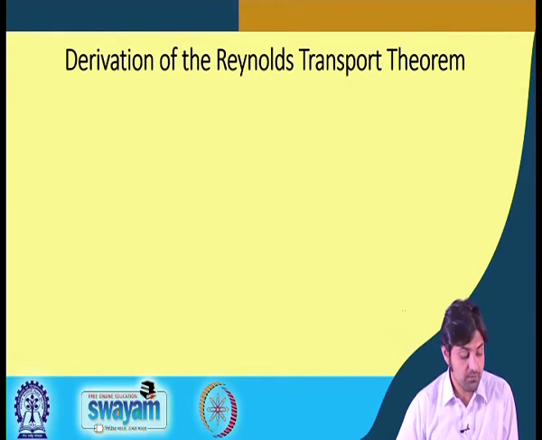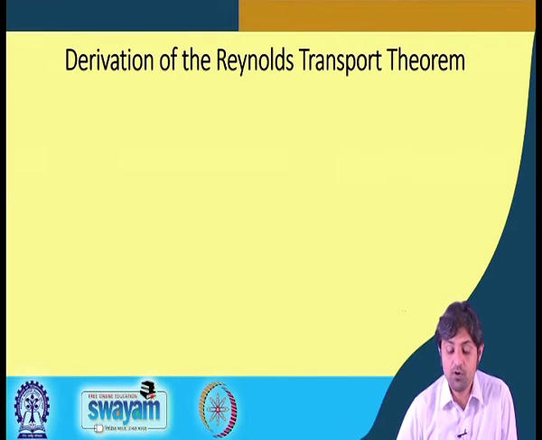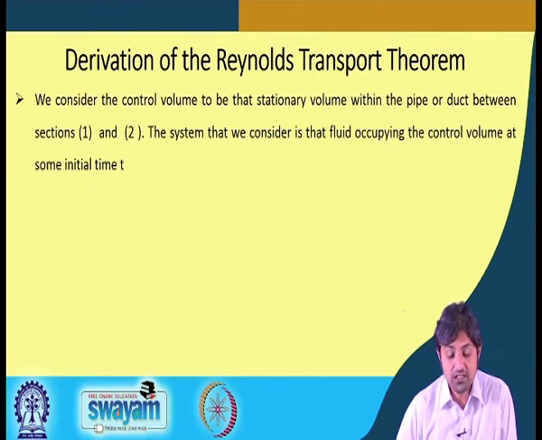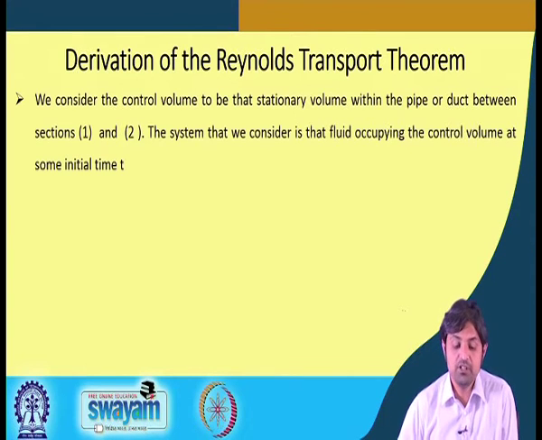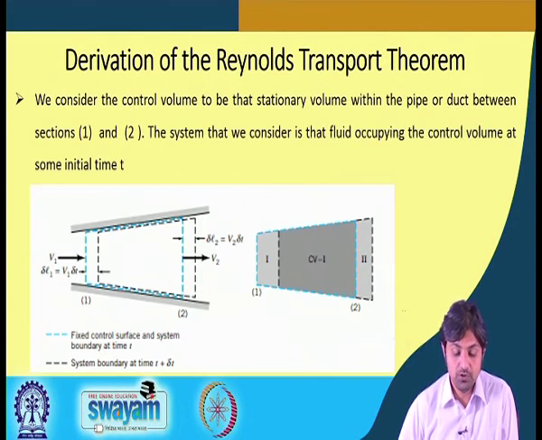This is the prelude; now we are going to derive the Reynolds transport theorem. We consider the control volume to be that stationary volume within the pipe or duct between sections 1 and 2. This figure has been taken from Munson, Young and Okiishi, so you can refer to that book for the derivation of the Reynolds transport theorem as well.